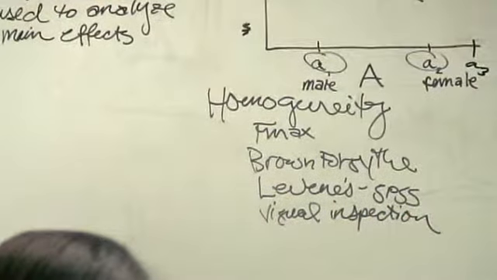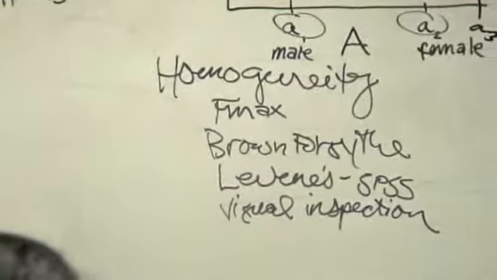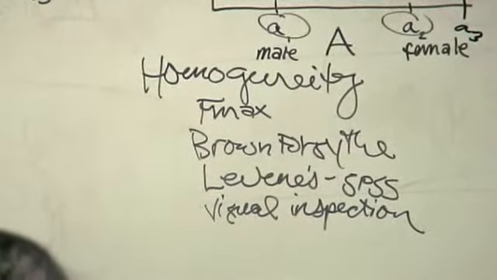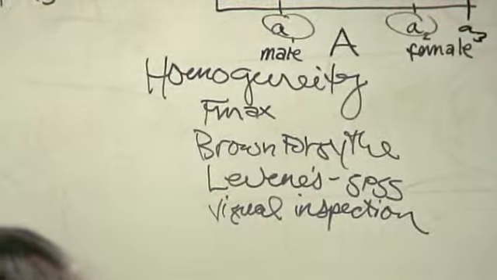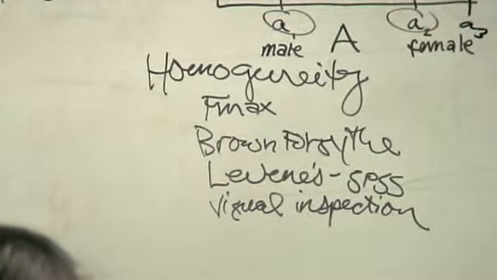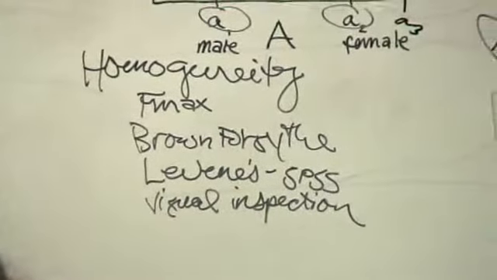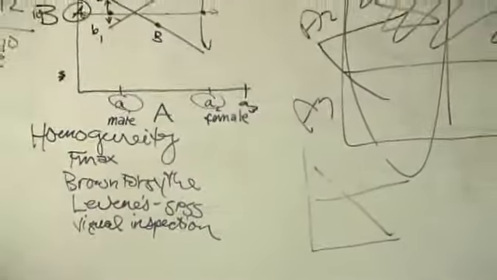Is this for simple effects and interactions, like all of them? Yeah. Well, it depends on where the violation occurred. Anywhere. Yeah. So would we need to know numerically or just conceptually? Conceptually. Just conceptually.